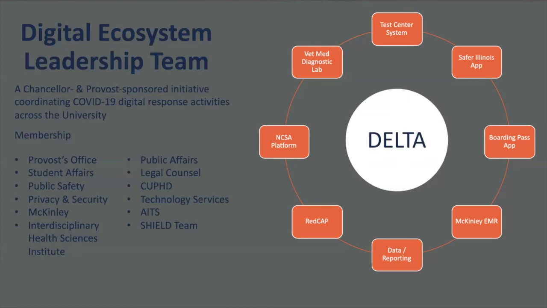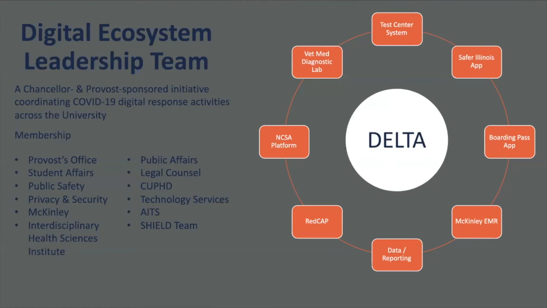The way the app fit into this was we wanted to make the Illinois app capable of retrieving test results from on-campus testing and providing that health information, which Bill will get into. We ended up building an entire ecosystem of data interfaces and systems to manage this Shield process.